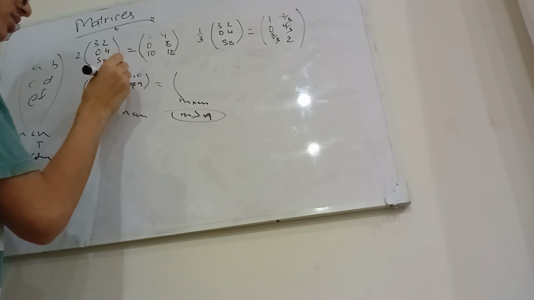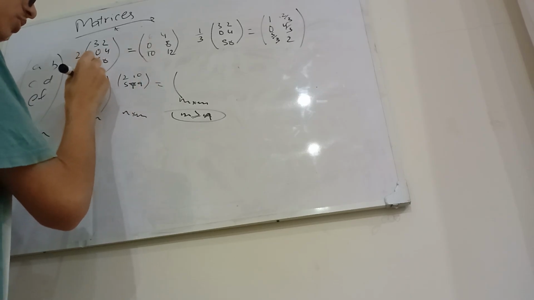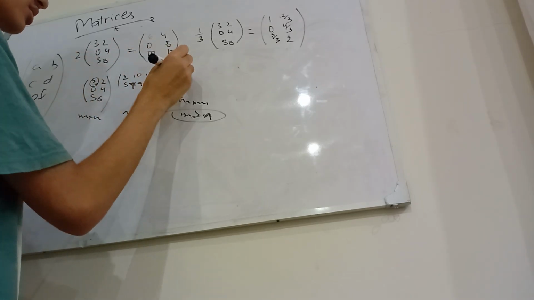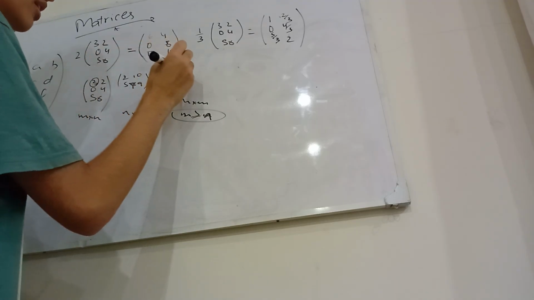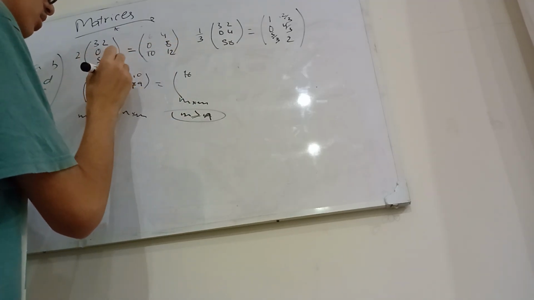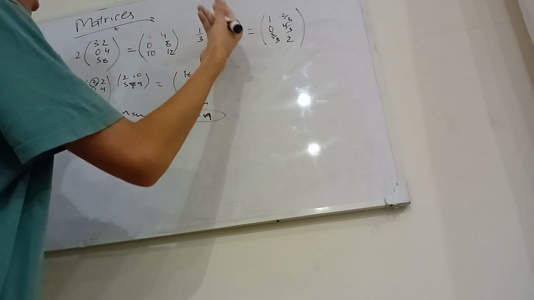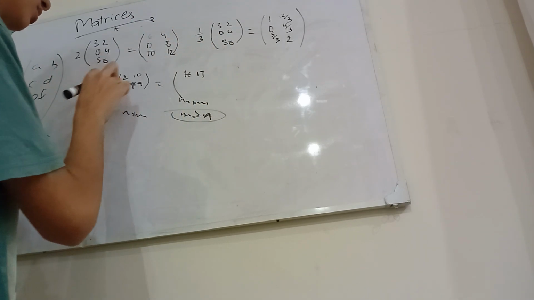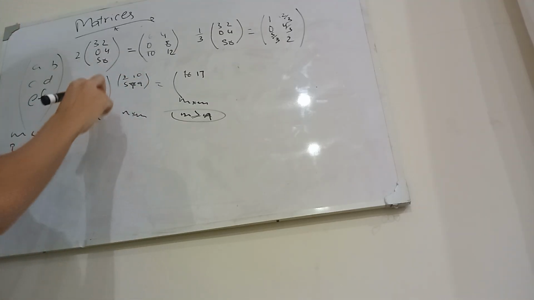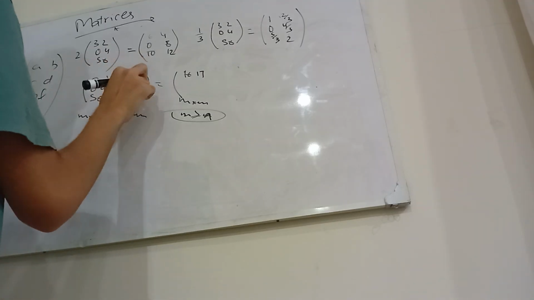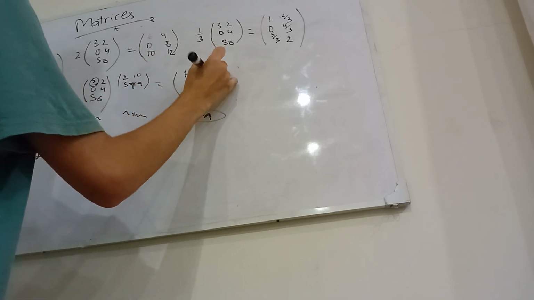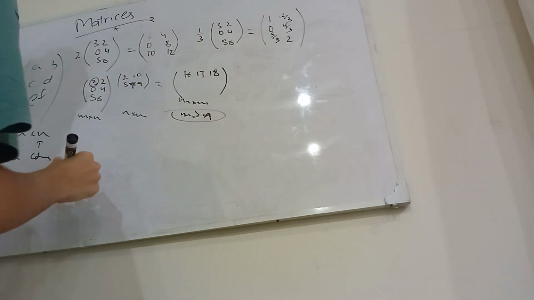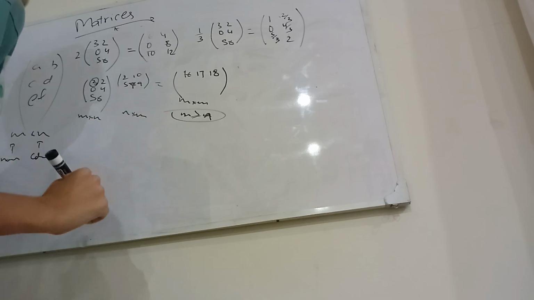This component, with this 6 first: 3 2s are 6 plus 2 5s are 10, 16. 3 1s are 3 plus 7 2s are 14, which is 17 here, right? Then 3 zeros are 0 plus 2 9s are 18, which gives you this. So it's going to be a 3 by 3 matrix, right?